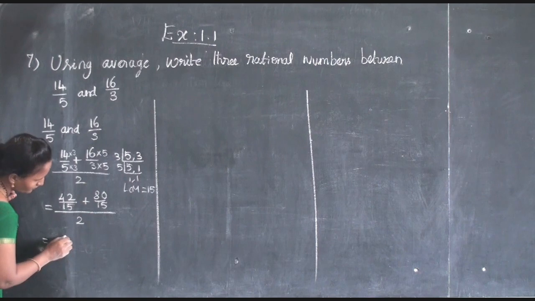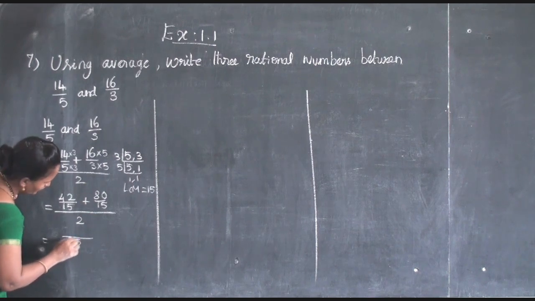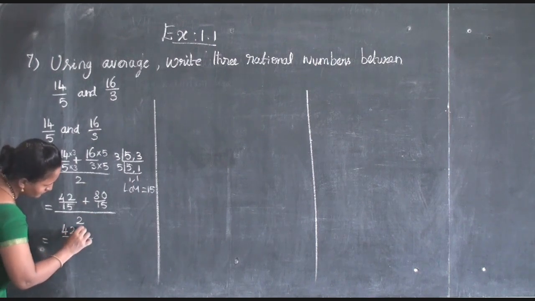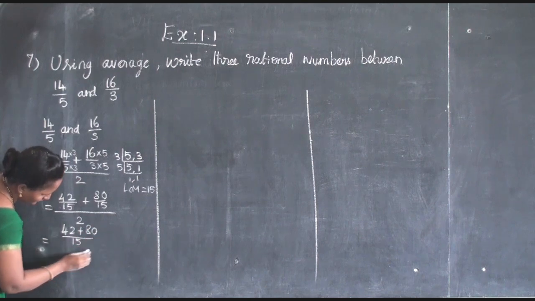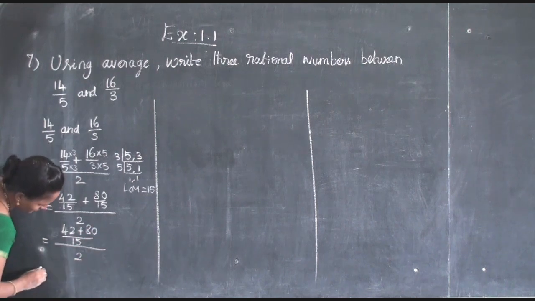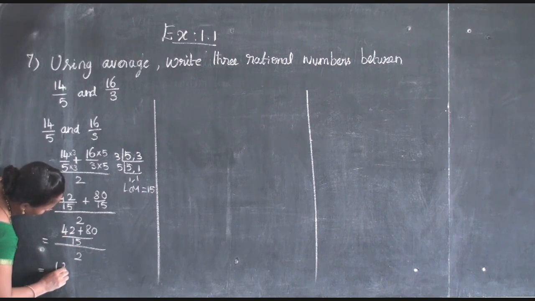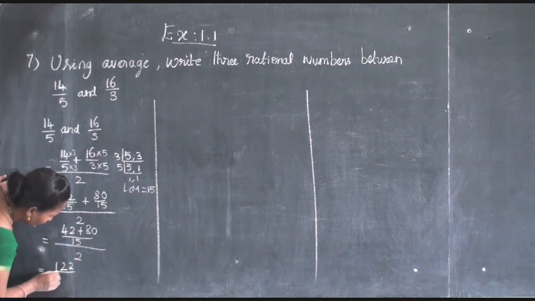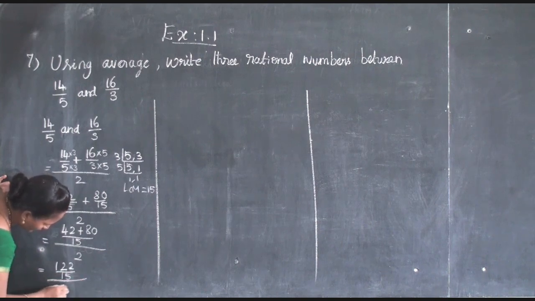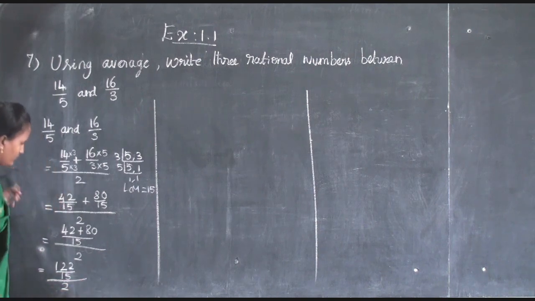Here the denominators are common. In common 42 plus 80 whole divided by 2. 122 divided by 15 whole divided by 2.